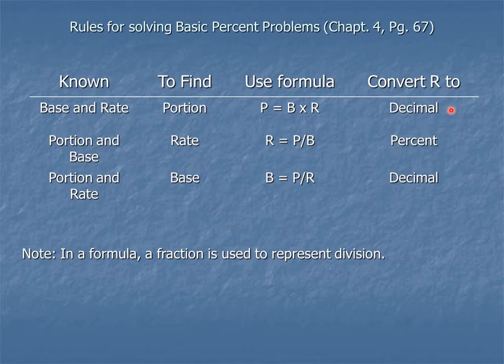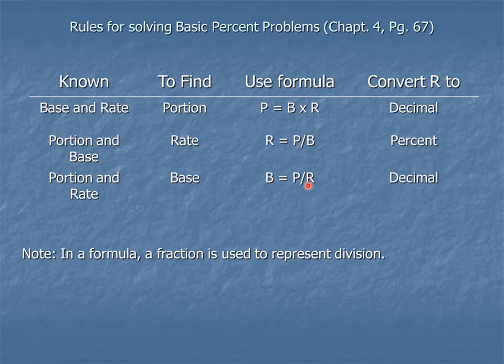For an example, the first one: P is portion, right? So portion equals base times rate, which is exactly the same meaning as rate equals portion divided by base, and base equals portion divided by rate. We always work based on what we need. Let's say in a word problem the rate is unknown and the other two are given, which one will we use? The middle one, right?